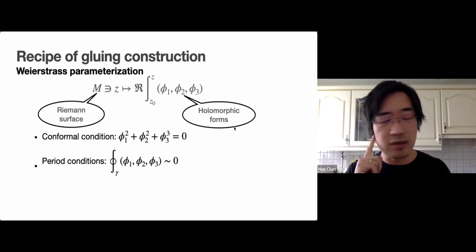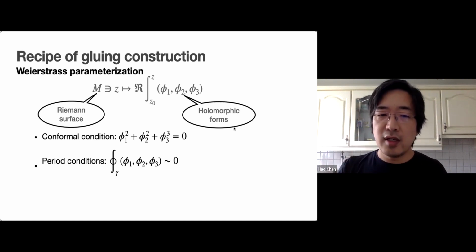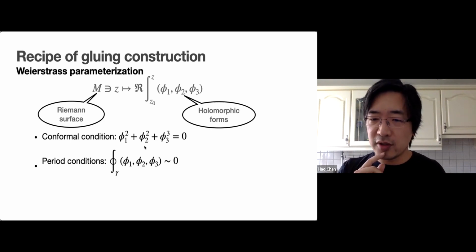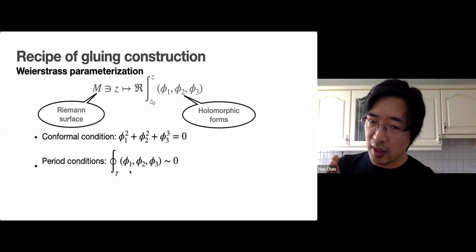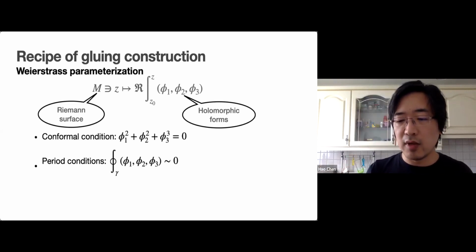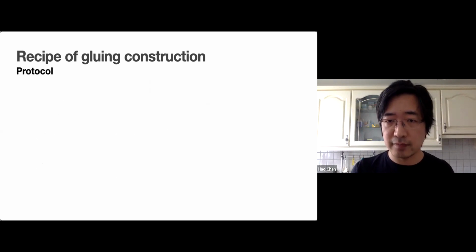So I don't know what that is called. Anyway, the conformal condition ensures that this is a conformal immersion, and the period condition ensures that this surface is well defined. So I need to solve these two conditions.